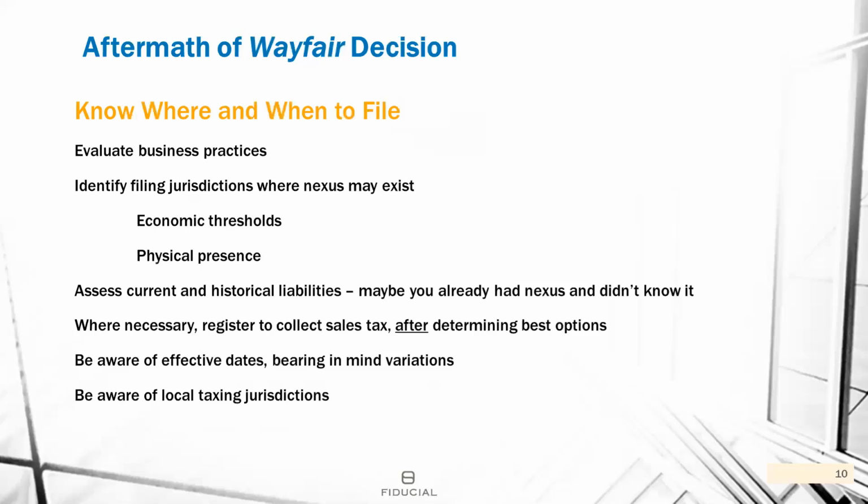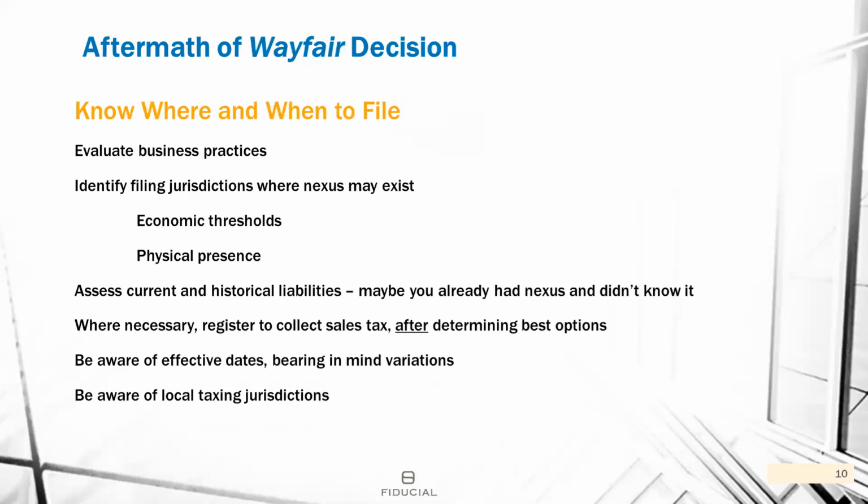You need to identify filing jurisdictions where you may have nexus, and you need to look at two things. First, you need to look at these new economic thresholds to see if you may have triggered the nexus rules there. But also you need to look at the traditional physical presence rules as well, because you might have already established nexus in a state through having a physical presence there, and perhaps you weren't even aware of it.